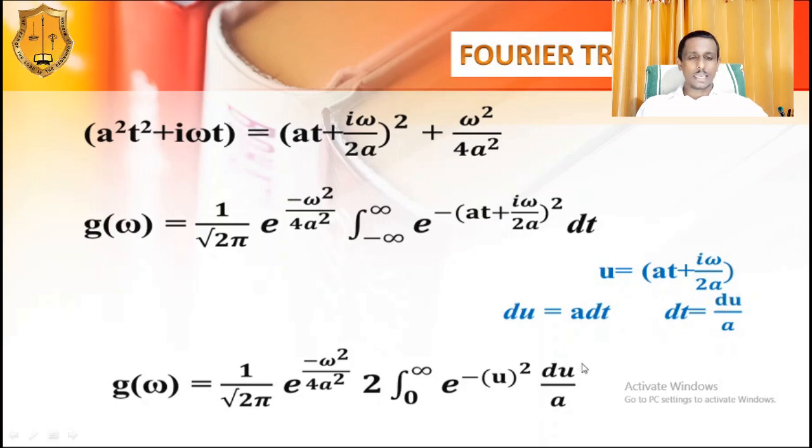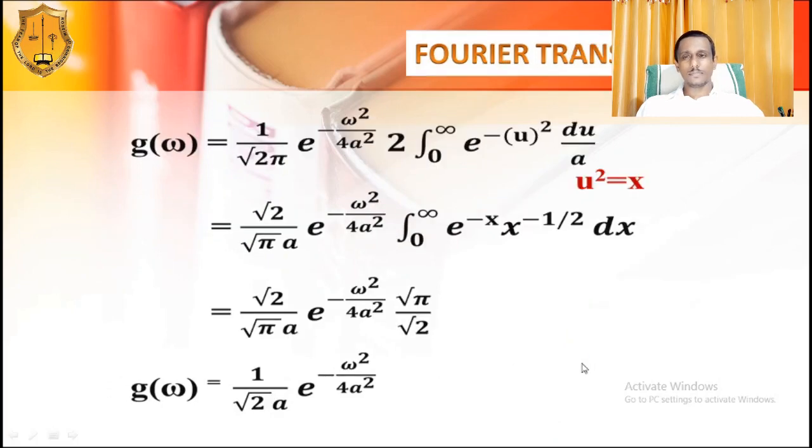Now g(ω) is equal to 1 by root 2π e raised to minus ω squared by 4a squared, which is constant with respect to du, times 2 into integral 0 to infinity e raised to minus u squared du by a.